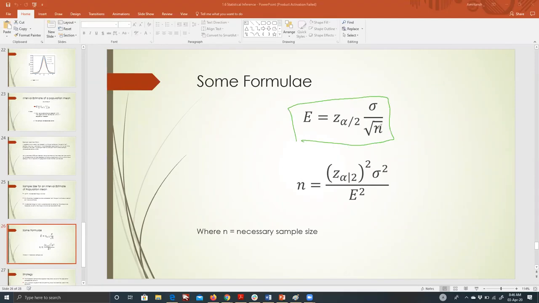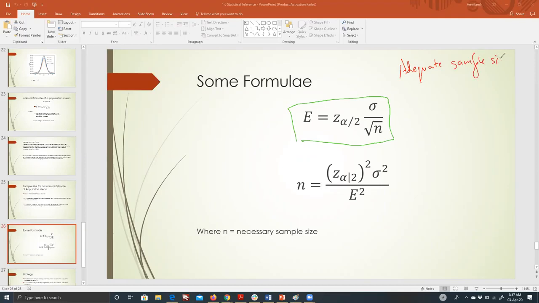Because if you take a smaller number of n, this root will be even smaller and the whole term will become bigger. But you also do not want to take a very large n, because again, the mathematical truth can be estimated with the optimal number of n. And in a lot of ways, you will see the thumb rule, which people say is an adequate sample size.